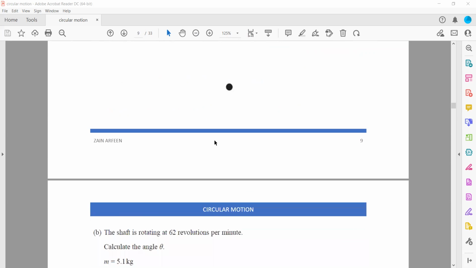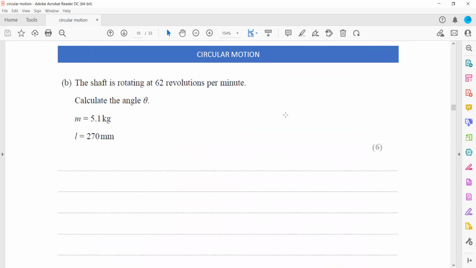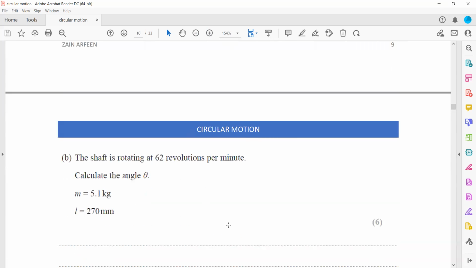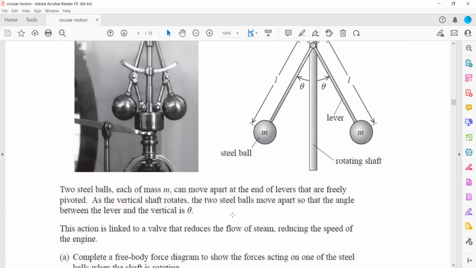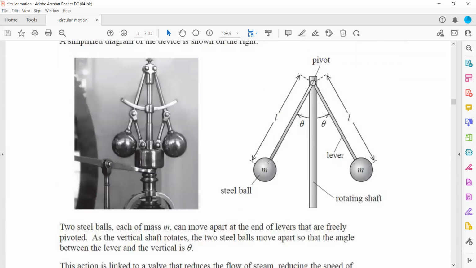The next part: the shaft is rotating at 62 revolutions per minute. So 62 revolutions are completed in a minute. We have to calculate the angle theta, where the mass of the ball is 5.1 and the length of this arm is 270 millimeters, so we have to convert it into meters. Now, first we will get the value for omega.